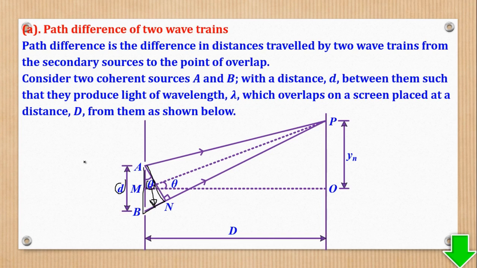Therefore, we shall use sine, because sine is equal to opposite over hypotenuse. Opposite is Bn and the hypotenuse is d. Therefore, when I make Bn the subject, I'll come up with d sine theta. So that is where the d sine theta came from.